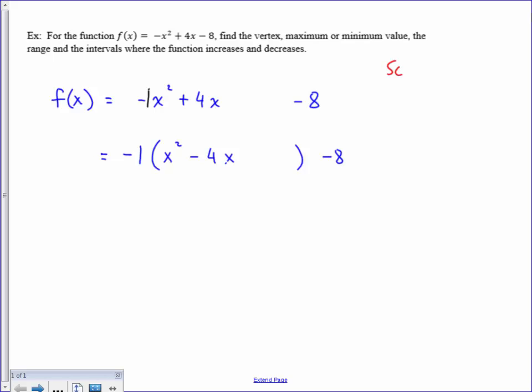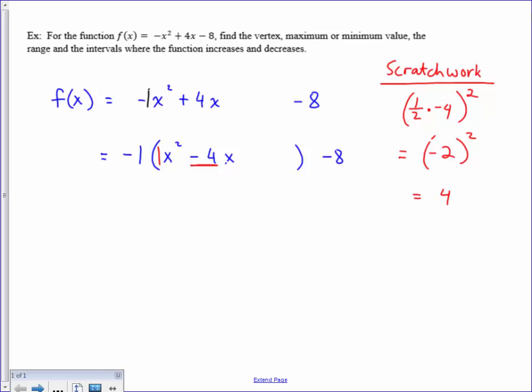Now I need to do the scratch work for completing the square. The scratch work on completing the square says that once I have an understood 1 in front of x squared, I have to take a half of the term in front of x. So I'm going to take a half and multiply by -4, and then when I'm done, I must square that. Well, a half of -4 is -2, and then -2 squared is 4.